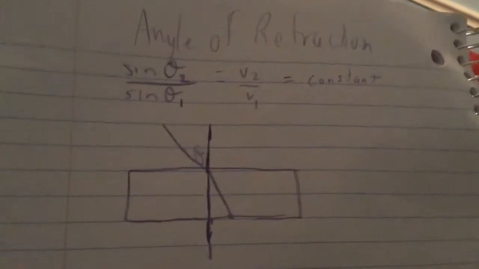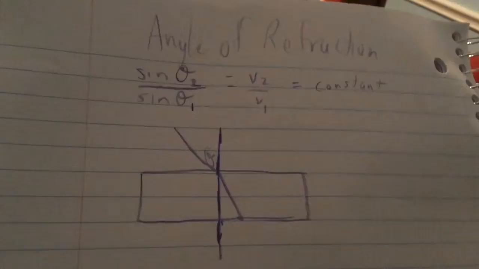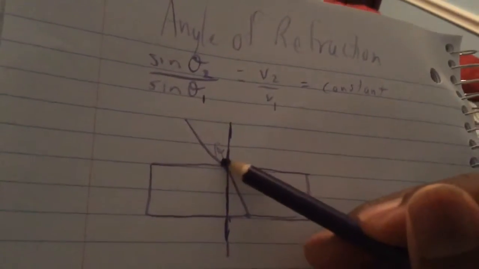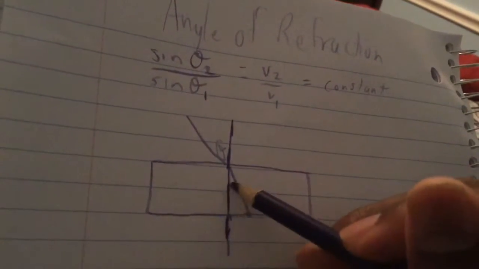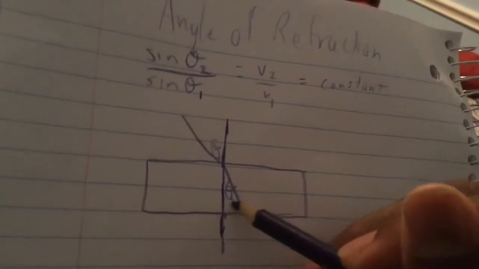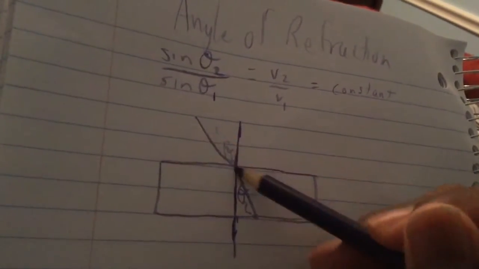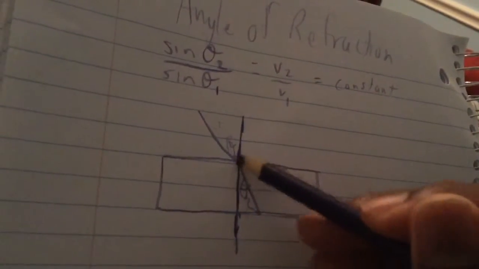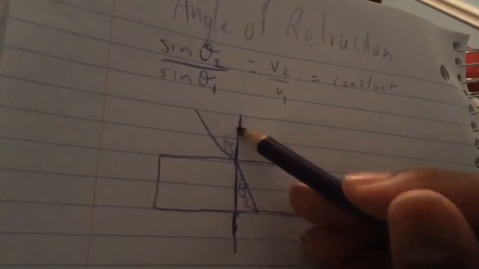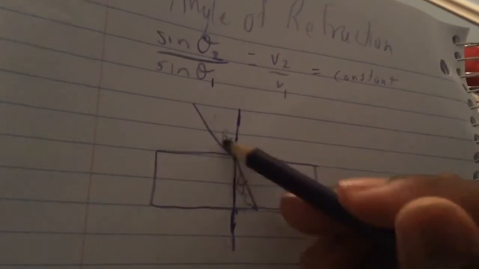The angle of refraction right here is what theta 1 goes to theta 2. As we see, when it hits the glass, it bends and goes towards this normal, which is the reference on which the angle refracts.